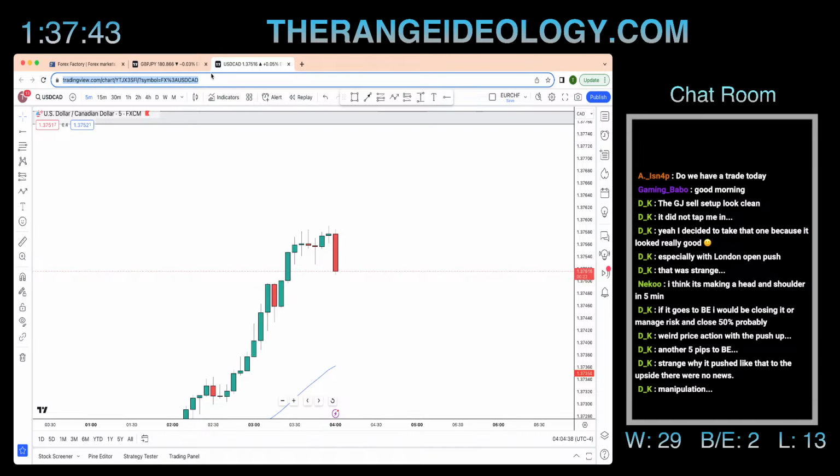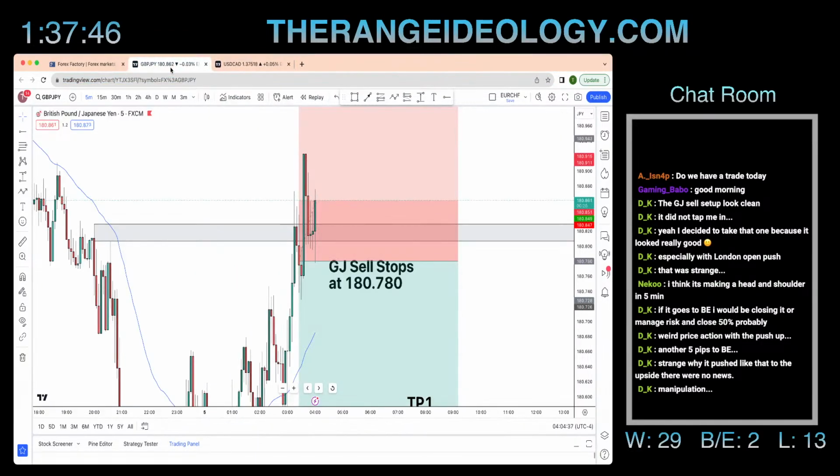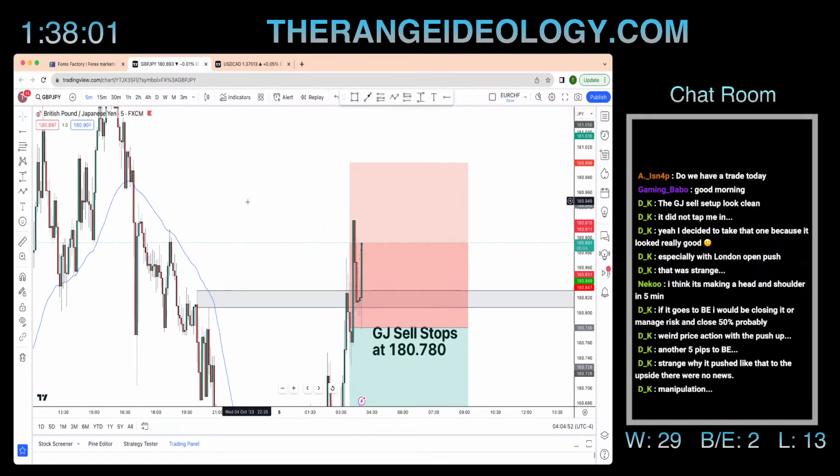And here comes USD CAD down here as well. Okay, strong bullish candle here.